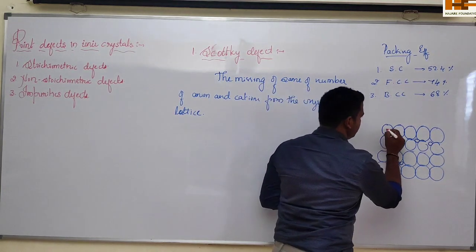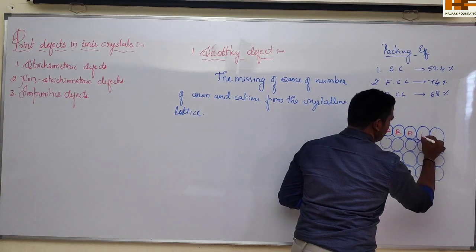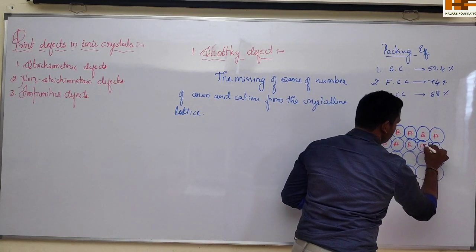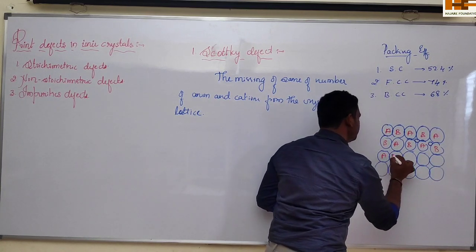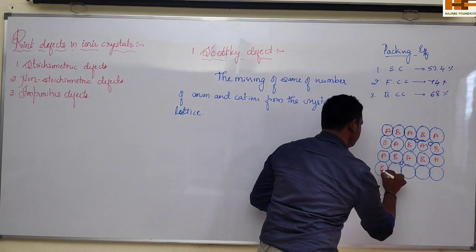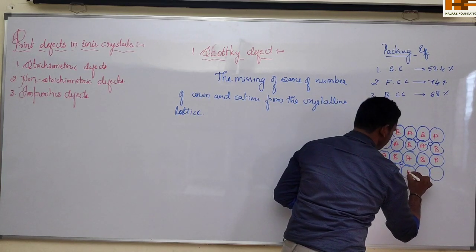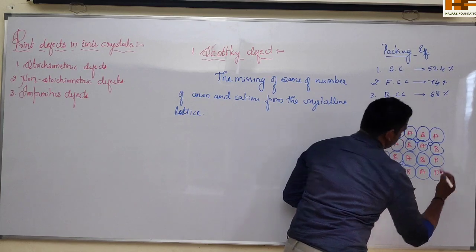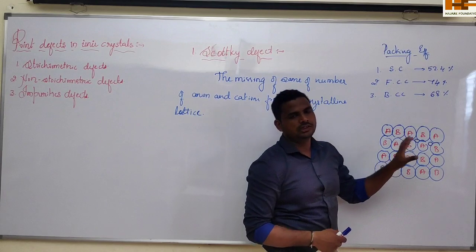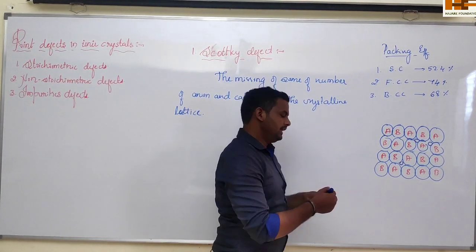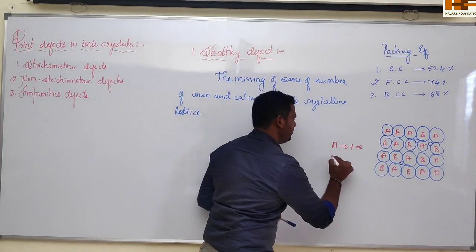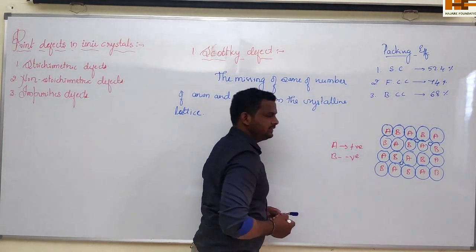That is, A, B, A, B, A, then B, A, B, A, B, then A, B, A, B, A, then B, A, B, A, B. So this is the arrangement, with alternating A and B ions. Consider A a positively charged ion and B a negatively charged ion.